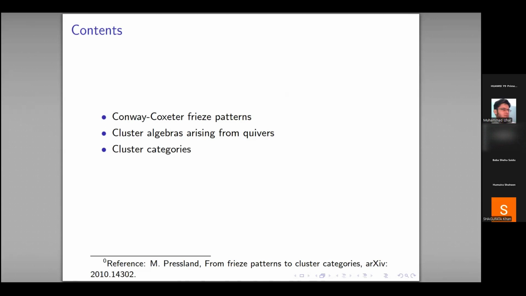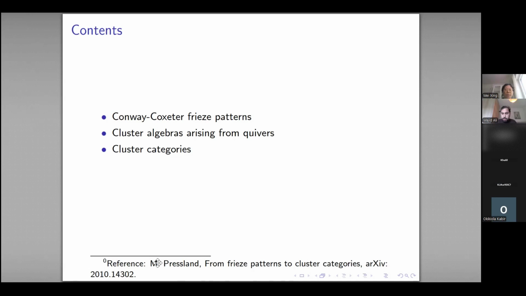And then I will move to cluster algebras, and we will restrict to the cluster algebras arising from quivers. And of course, I will explain how they are related to Frieze patterns. And eventually, I will introduce the concept of cluster categories to explain certain phenomena that show up in Frieze patterns.